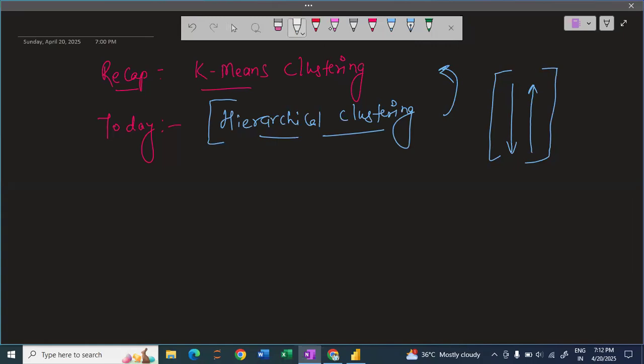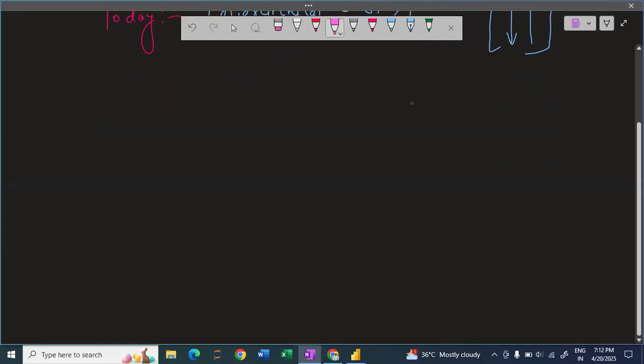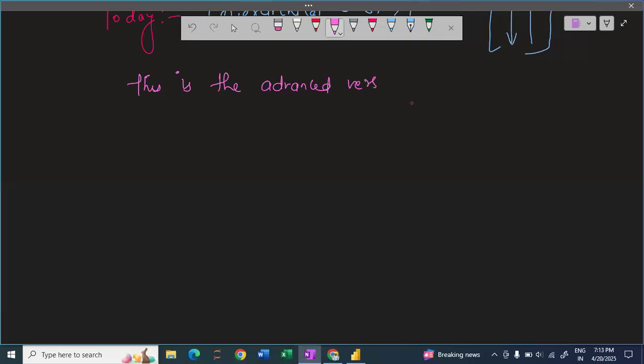Let's say this is the advanced version of K-means clustering.